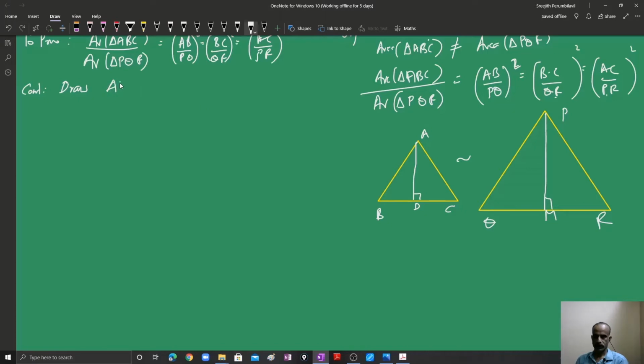Draw AD perpendicular to BC and PM perpendicular to QR. That is the construction. Now we'll start with the proof part.